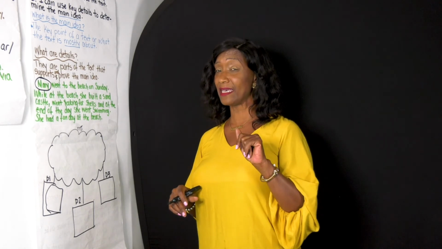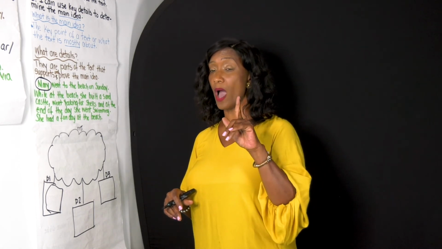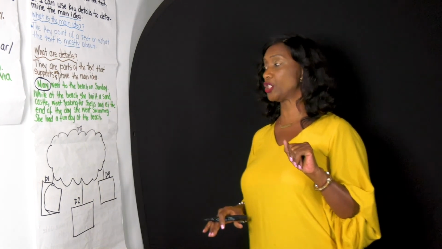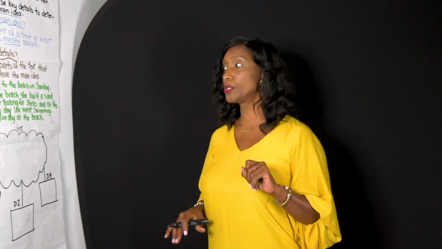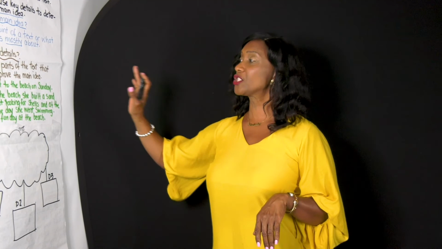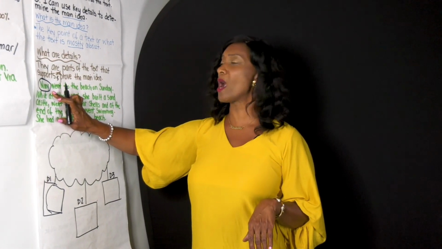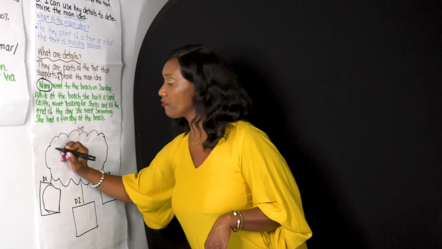The main idea is the big idea of what or who the story is mostly about. So in this situation, the story here is about, did someone raise their hand? Good. Okay, did I hear someone say the story here is mostly about Mary? You are so right. Mary.